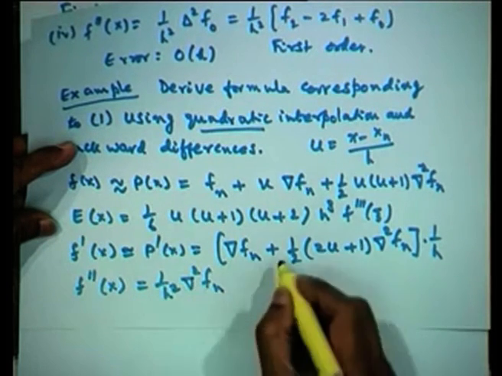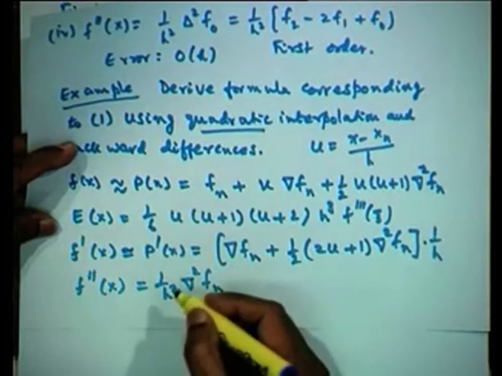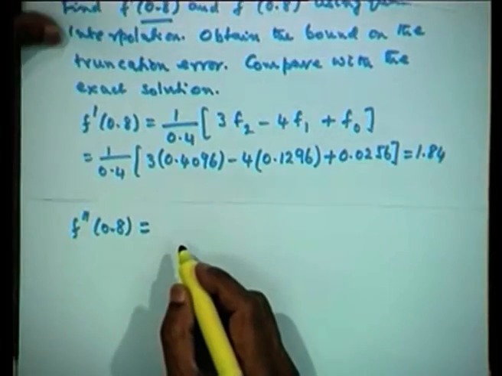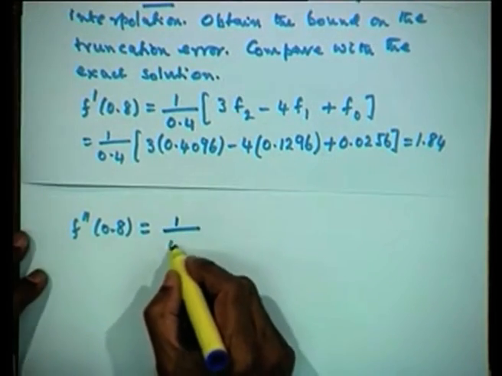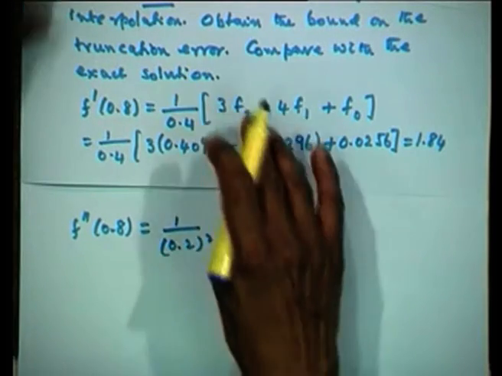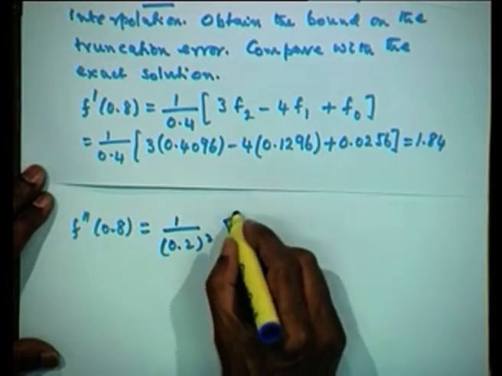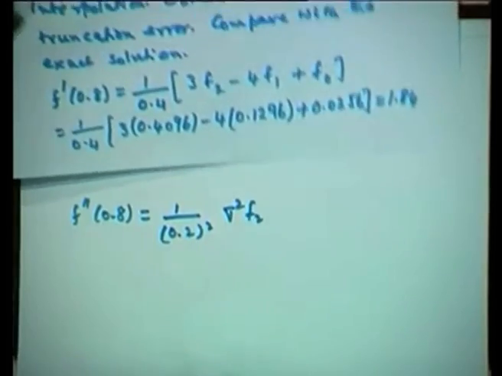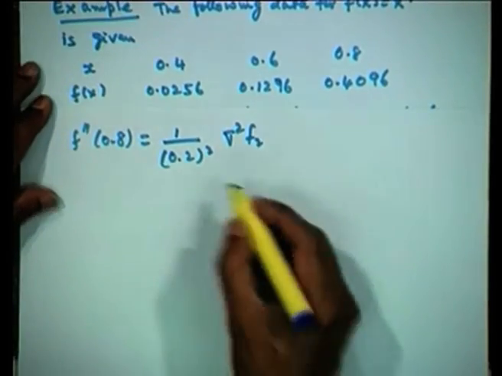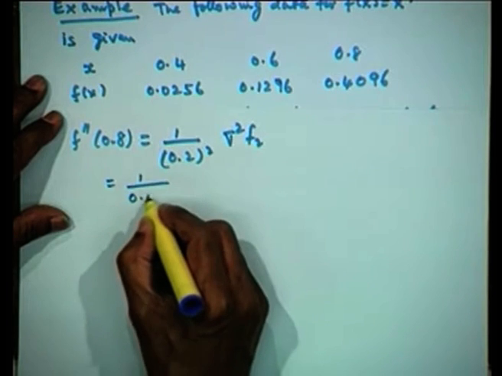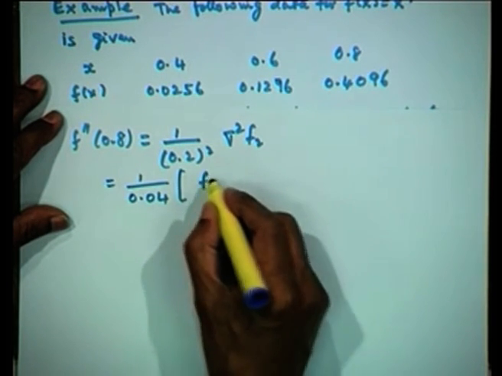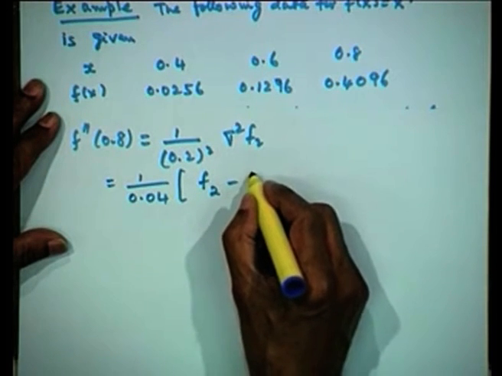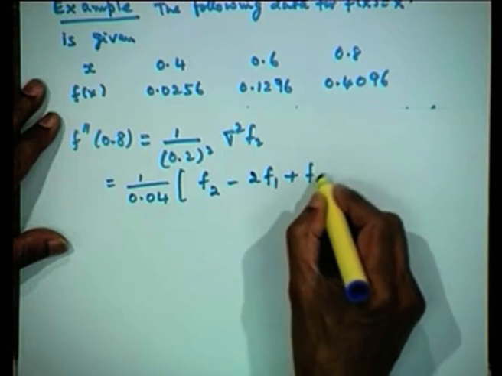This corresponds to the forward difference formula. Therefore, I have 1 upon h square, with step length 0.2, that is 1 upon 0.04 delta squared f 2, which in backward difference is f 2 minus 2 f 1 plus f 0.